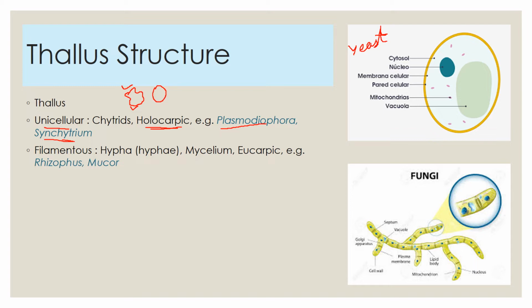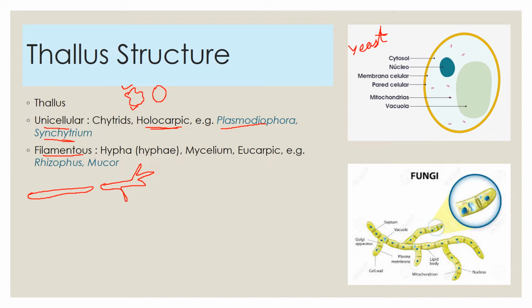So after unicellular, we come to the filamentous fungi. Now filamentous fungi form a tubular structure that is called hypha. This tubular hypha can branch and ramify in various directions, and it can form a huge structure that looks like a cottony mass.